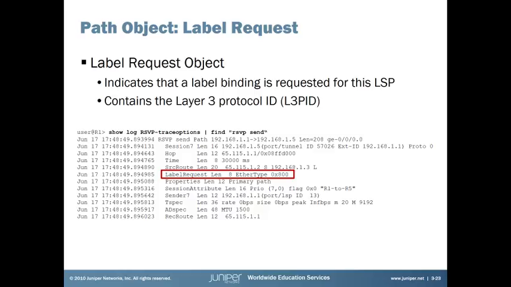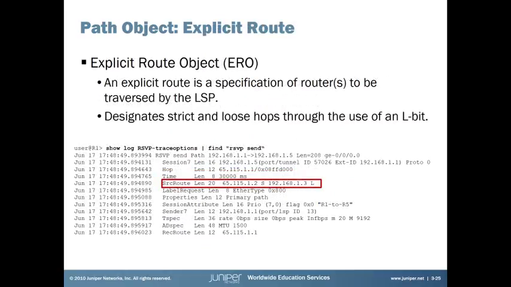Okay, a label request object indicates that a label binding is requested for the LSP, and this contains the layer 3 protocols. This is the show RSVP trace options. We're looking for RSVP send. Explicit route object. This is really very useful.